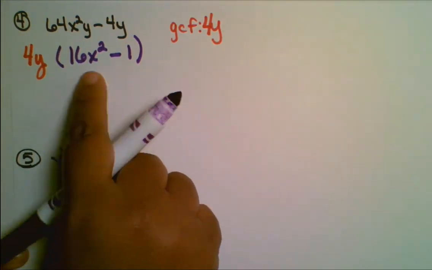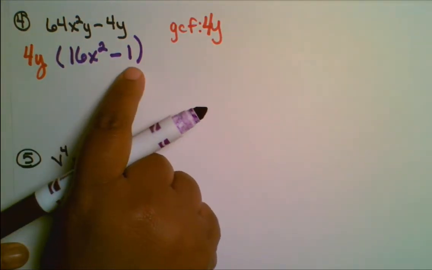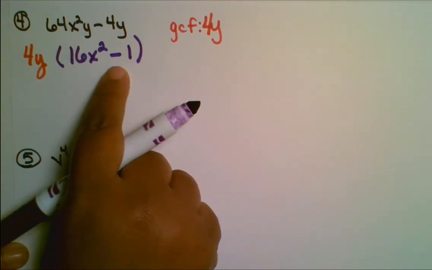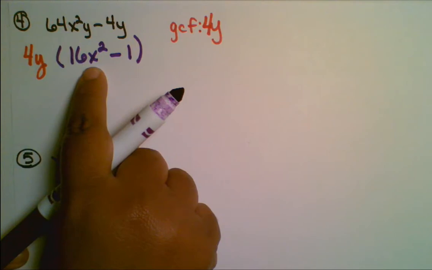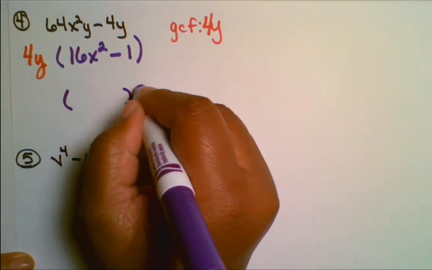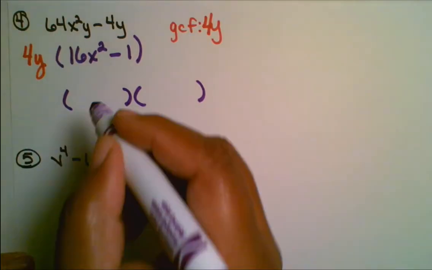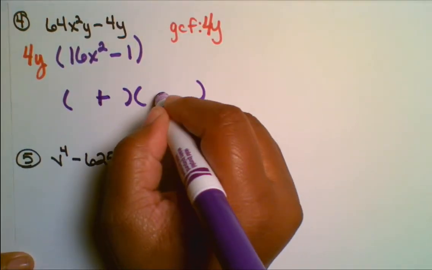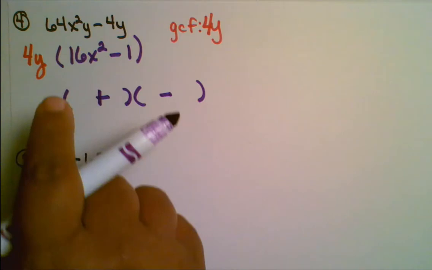Then we have two terms. Both terms are perfect squares. Then we have a minus sign, so we can factor the 16x squared minus 1. Opposite signs. Break down 16x squared.